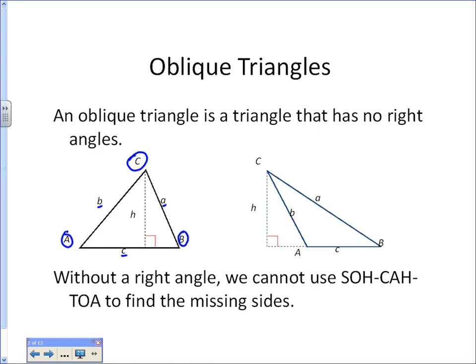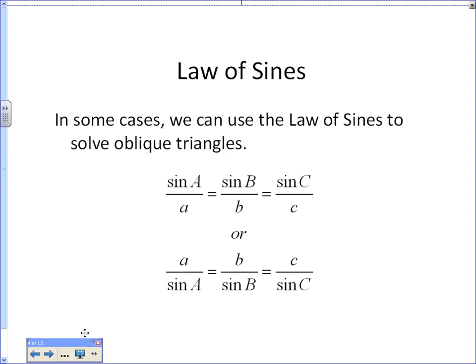In general, that's the way we label triangles, so that they're like matching pairs. So the law of sines says that sine of A over the side across from angle A, which is little a, equals sine of B over b equals sine of C over c.